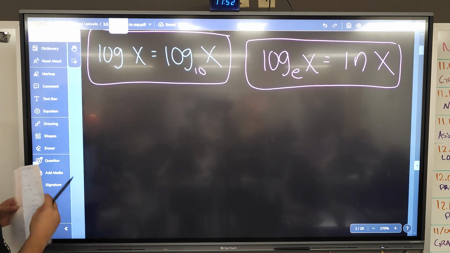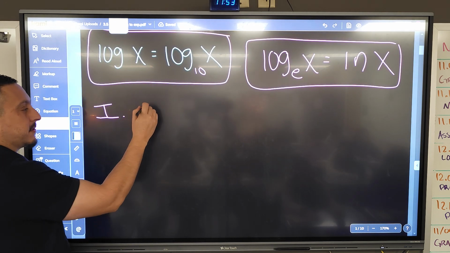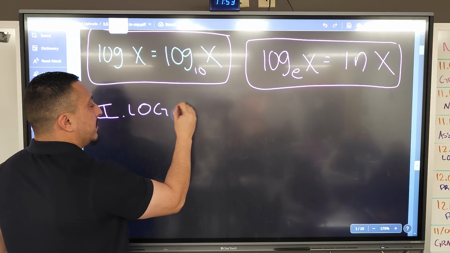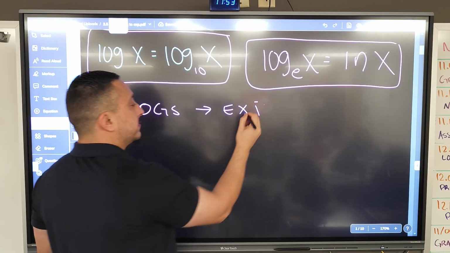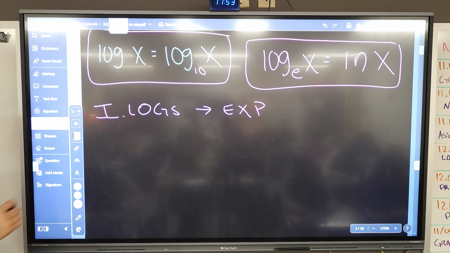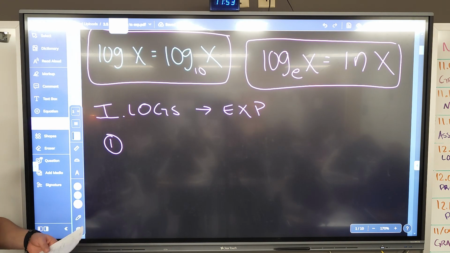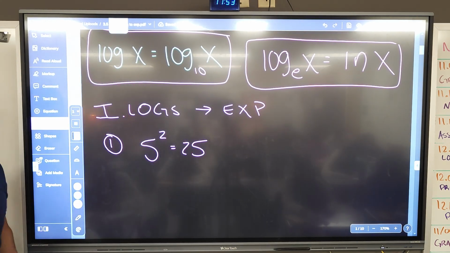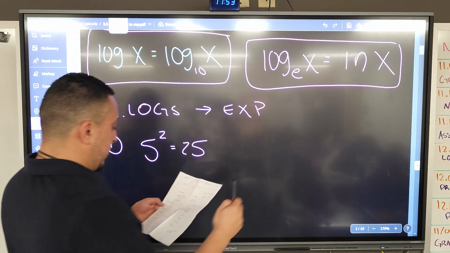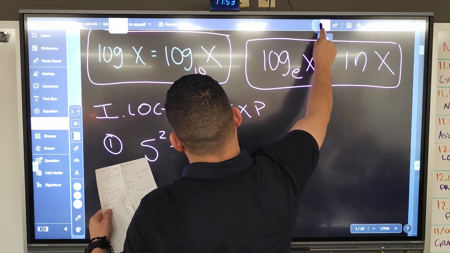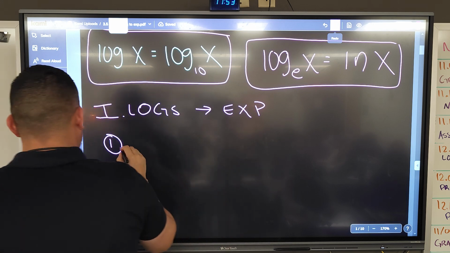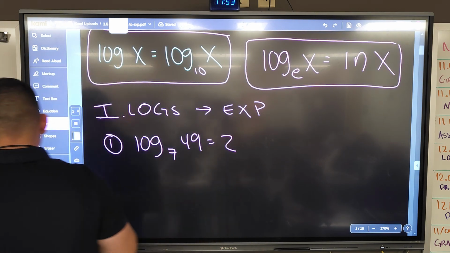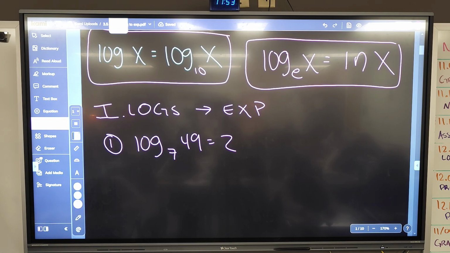Okay, so let's begin. We're just going to do some examples. First, let's convert logs to exponentials. Okay, example 1. Oh wait, no, that's exponential. Sorry. We're going from logs to exponentials. So we're going to do log base 7 of 49.